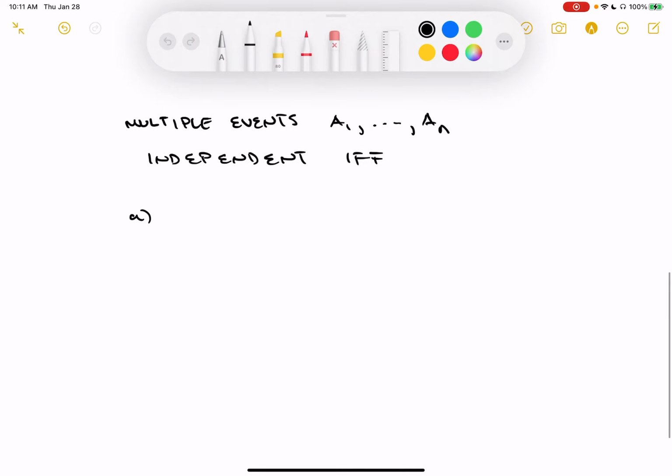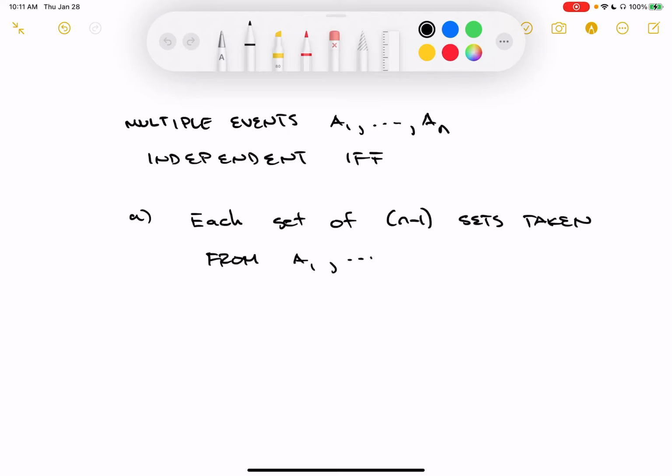The first condition is that each set that we can come up with of n minus 1 sets taken from A1 all the way out to AN is independent. Each is independent. And I'll give an example of this here in a minute.